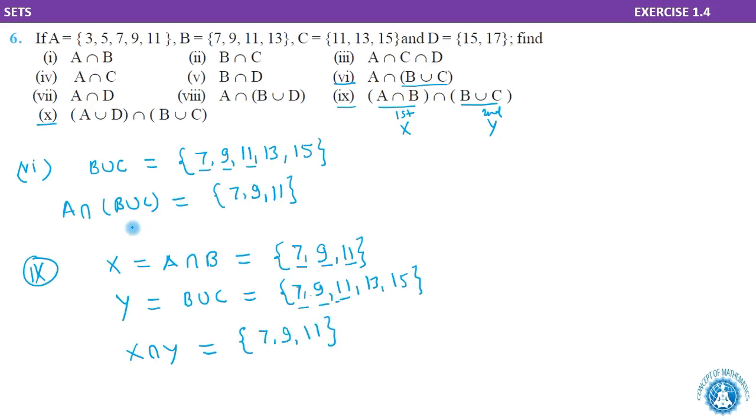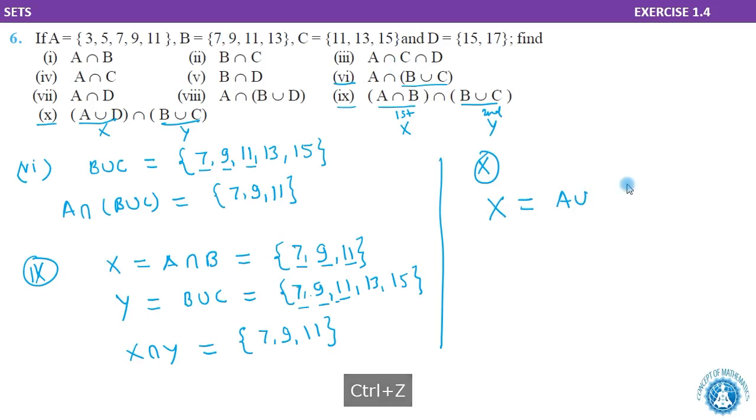Now we will do the last question, that is question number 10. Again we will consider this one as X, this one as Y. So X is equal to the union of A and D. Again we will calculate it.